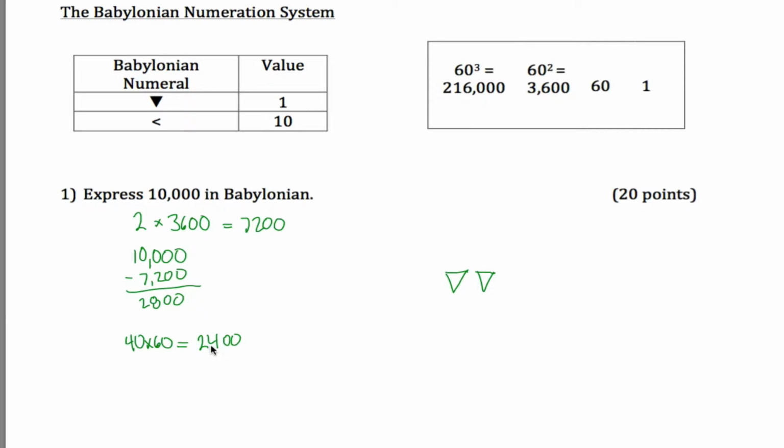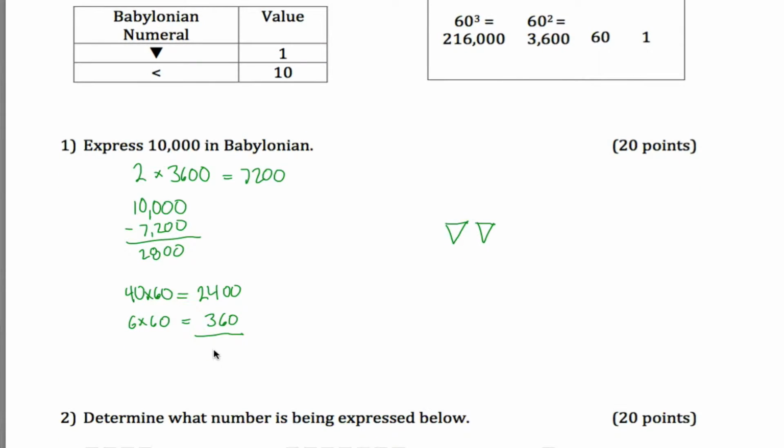Well, let's see. 6 60s is 360. And so if you add these together, you get 2,760, which is damn near my 2,800 here. So I want 46 60s.